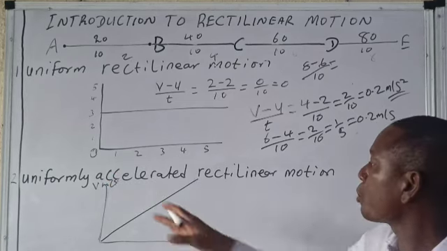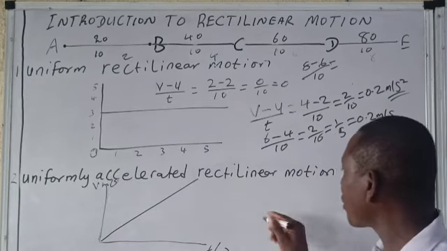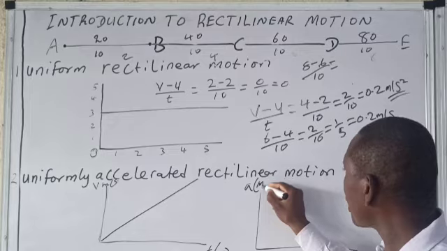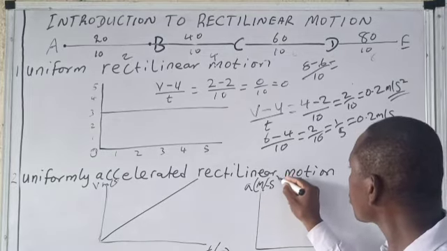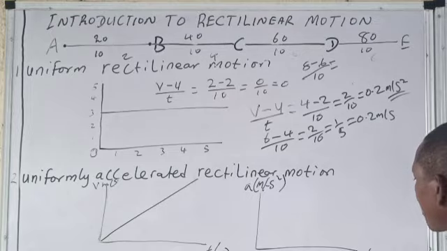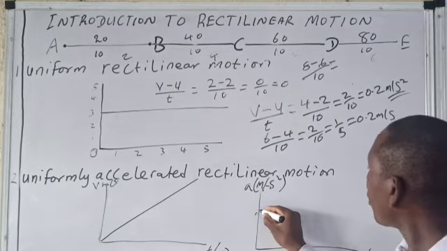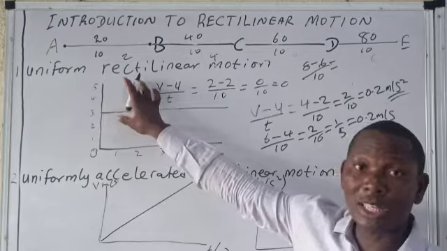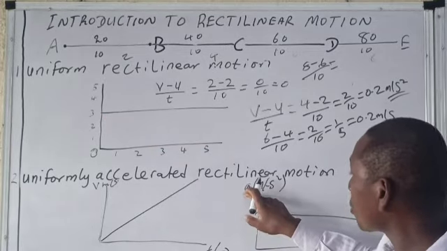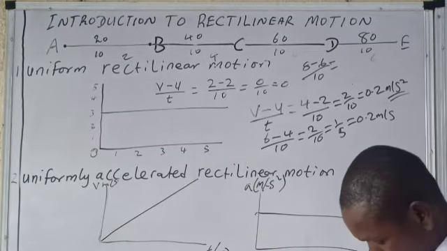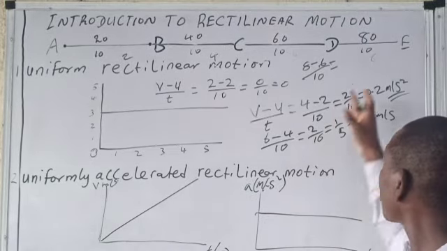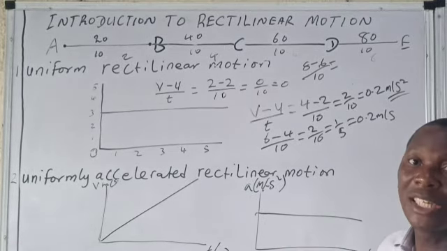Well, what about if you want to plot the acceleration-time graph? Here is acceleration, which is in meters per second squared. Here is time, in seconds. Now, acceleration is constant. Remember, when the velocity was constant, you have a straight line. So when acceleration is placed here, you have a straight line because the value of the acceleration, as we calculated, is not actually increasing.